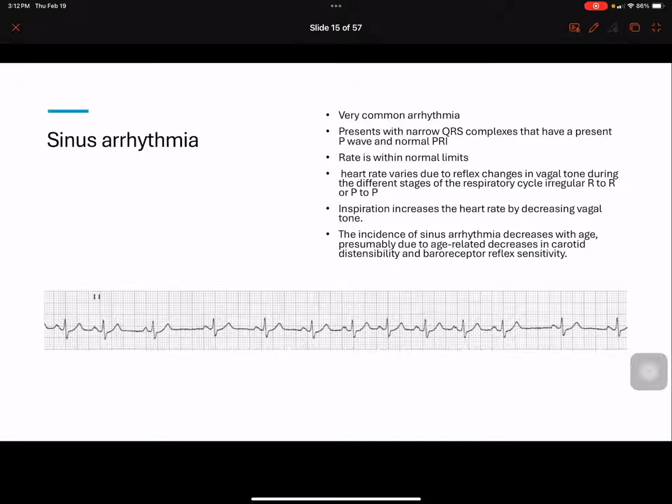And that can decrease with age. It could also have to do with your distensibility and baroreceptor reflexes in your carotid arteries. So very common, does not need treatment, generally.